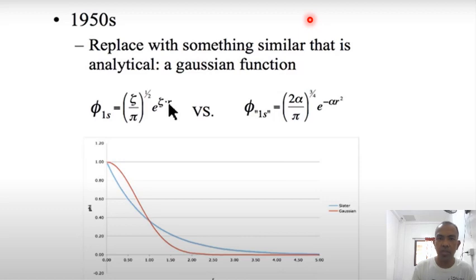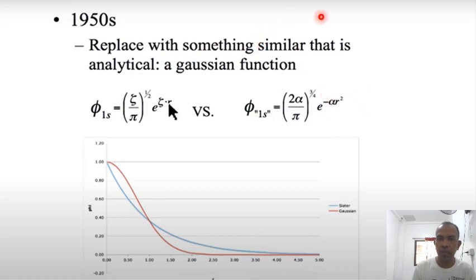That means it's going to die off a little bit too quickly with r. That is the normalization factor, an approximation for a Gaussian in three dimensions, and I've changed the name of the exponent from zeta to alpha here.